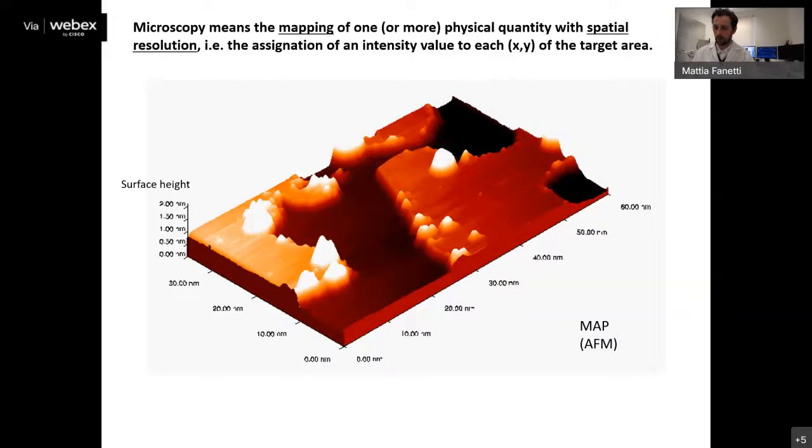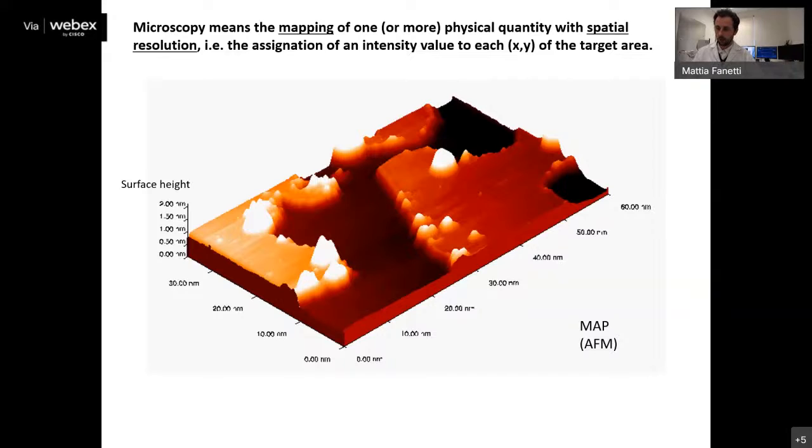For example, the one that you are looking at now is an AFM map, atomic force microscope. The physical quantity that I'm mapping, that I'm plotting here, is the surface height, and it is measured in nanometers because this is a technique which is highly resolved in height measurement.